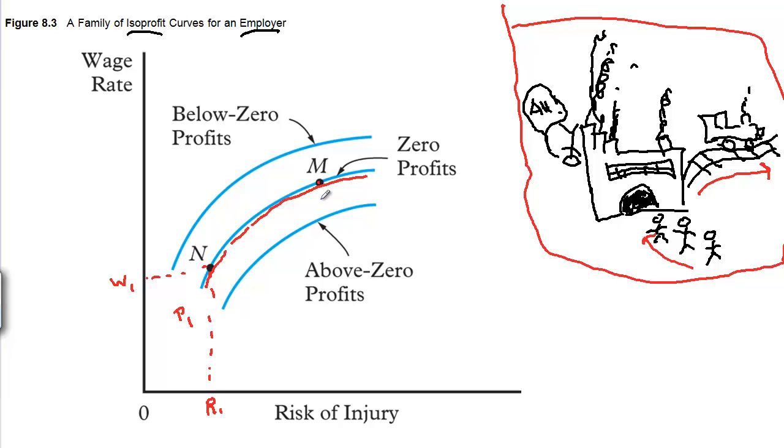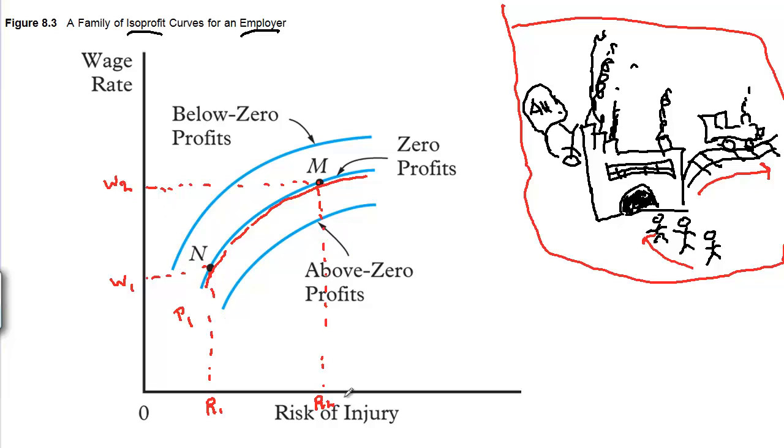And over here is a higher level of risk, say R2, with an associated higher level of wages, W2.